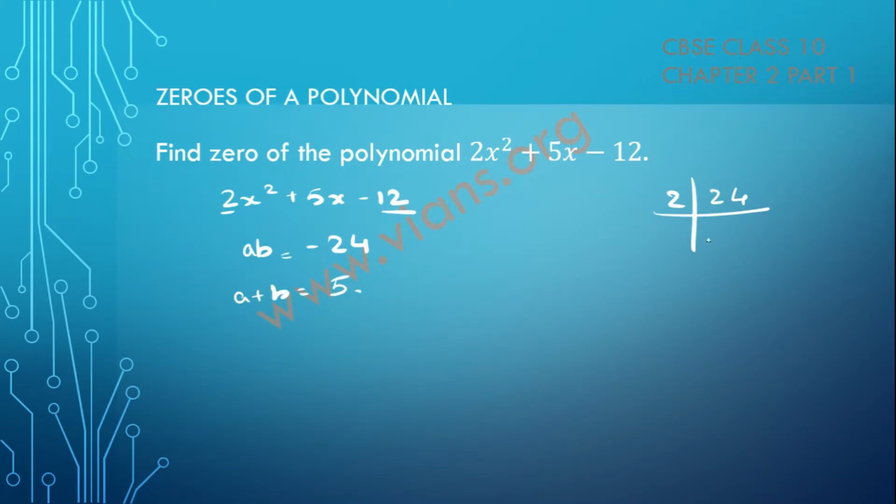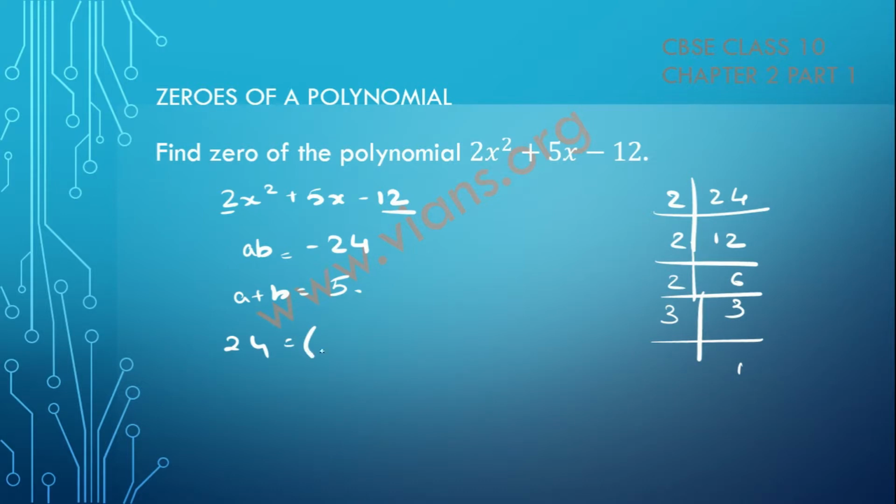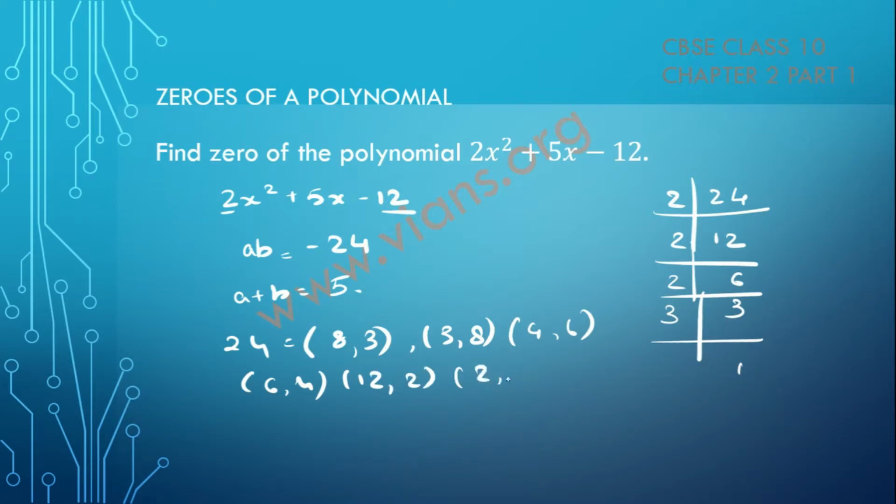Okay, find such factors. 2 12s are 24, 2 6s are 12, 2 3s are 6. Right, so the factors of 24 could be 8 and 3, or it could be 3 and 8, or it could be 4 and 6, or it could be 6 and 4, or it could be 12 and 2, or it could be 2 and 12.